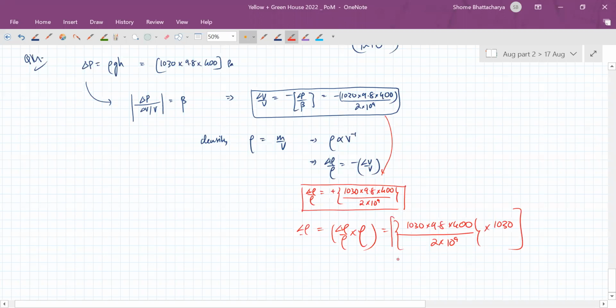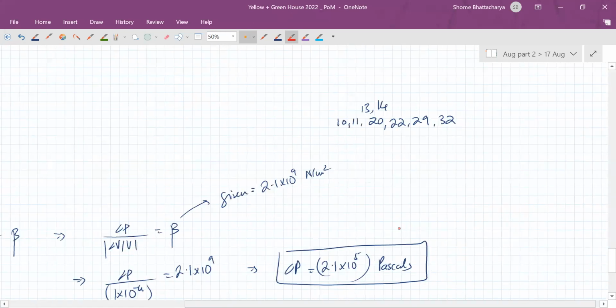So this will be the change in density, so this much in kg per meter cube. Okay, so that's question number 14. So just go through the solution of this carefully once. Just a minute, I'll just reference the question.